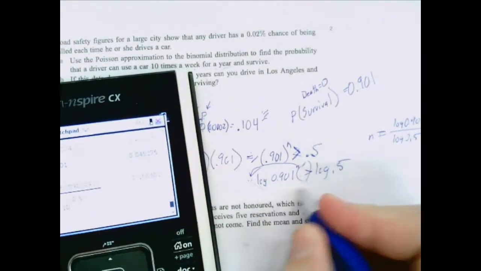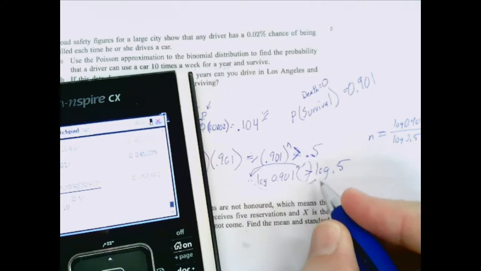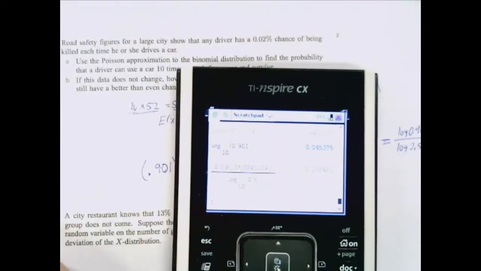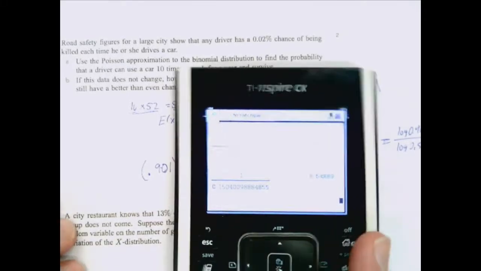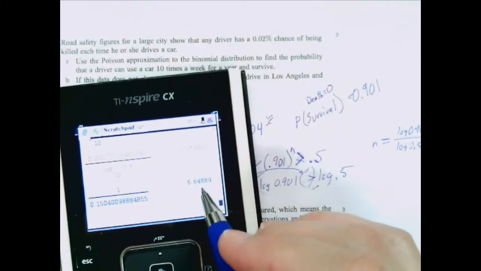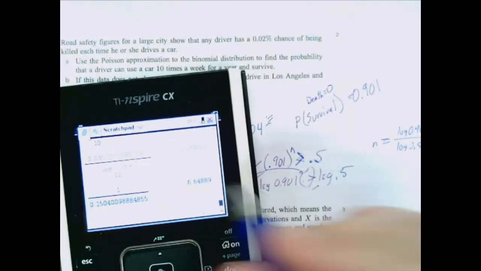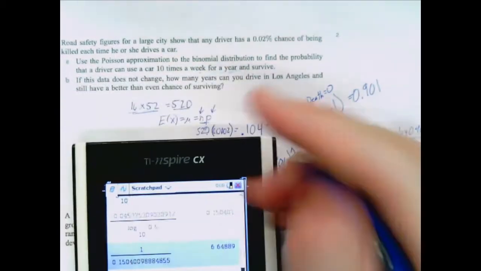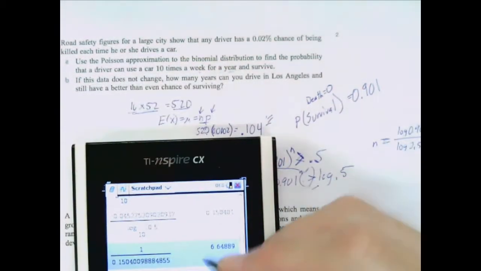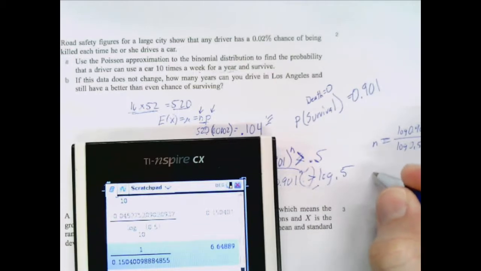I'm actually going to divide by log of 0.901, so I need to flip those. So there we go: 6.64 years you expect to last. So therefore, 6 years, you can drive. I think you're probably okay writing this: 6.65 years average survival.